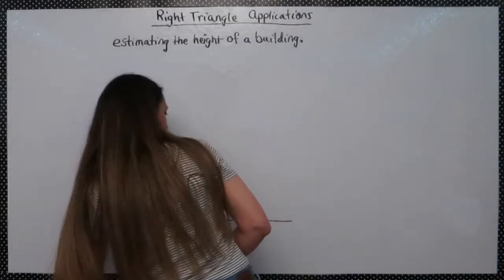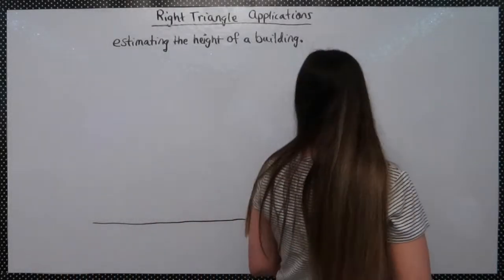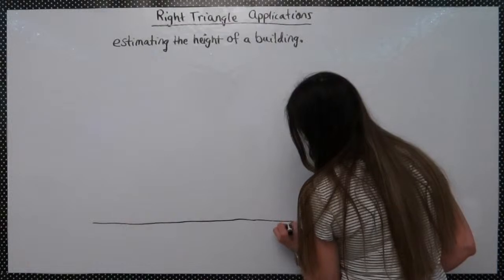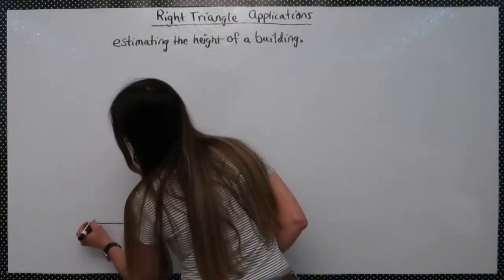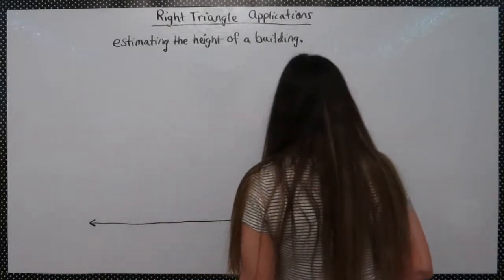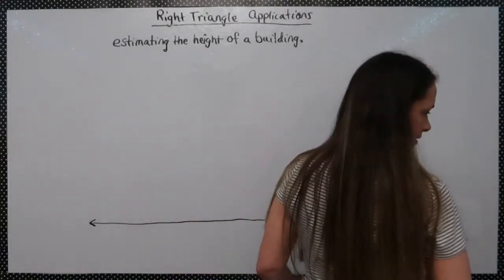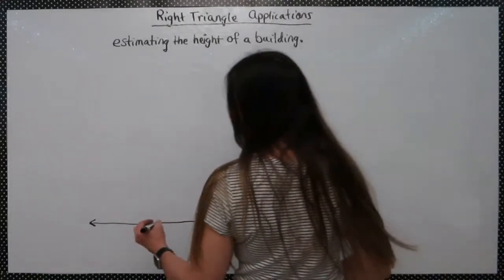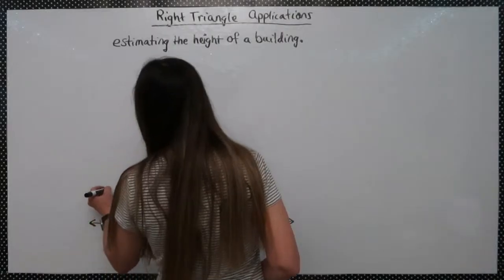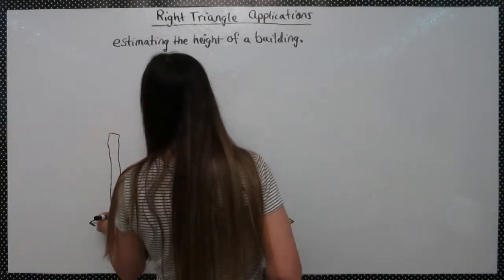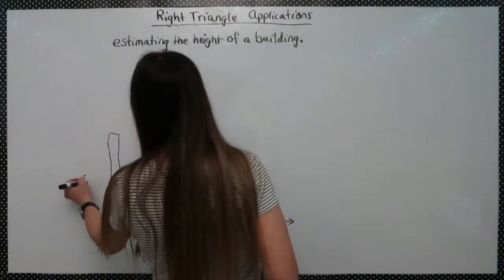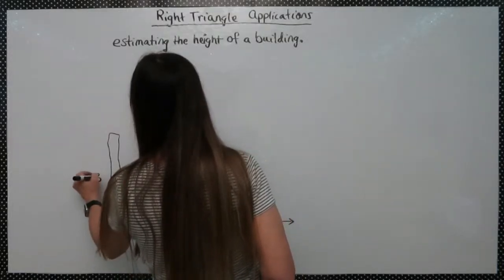So we have a horizontal plane, and we have a cliff. We'll just say this cliff is 653 feet.